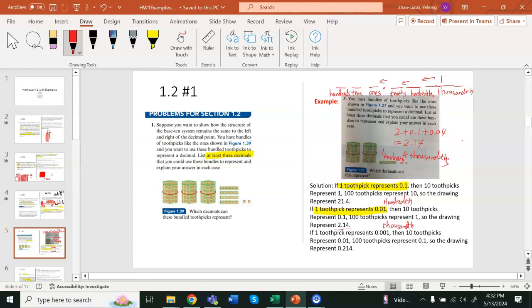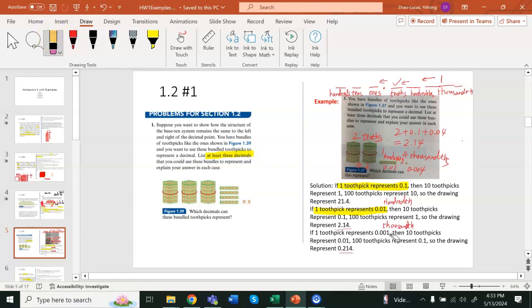When we have 10 of the hundredths, it moves up to the next place value, which is 1/10. Here, the big bundle, we have 2/10. So together we have 0.2, 0.01, 0.004. When we add them together, we get 0.214.